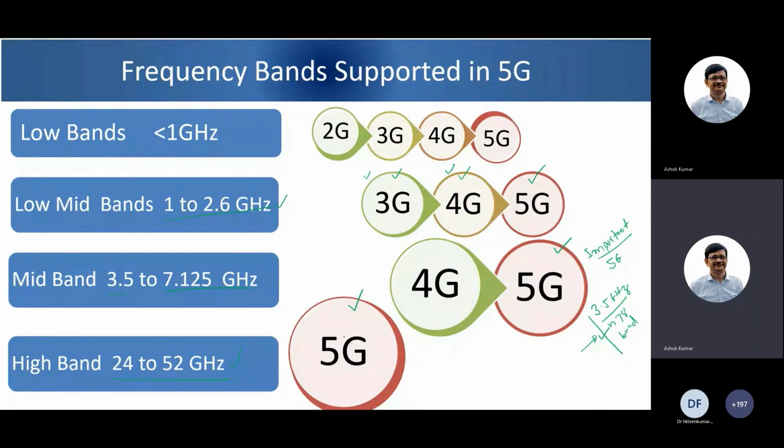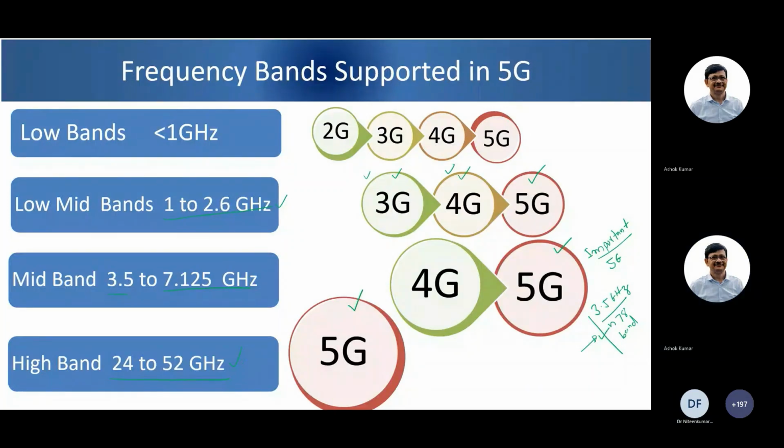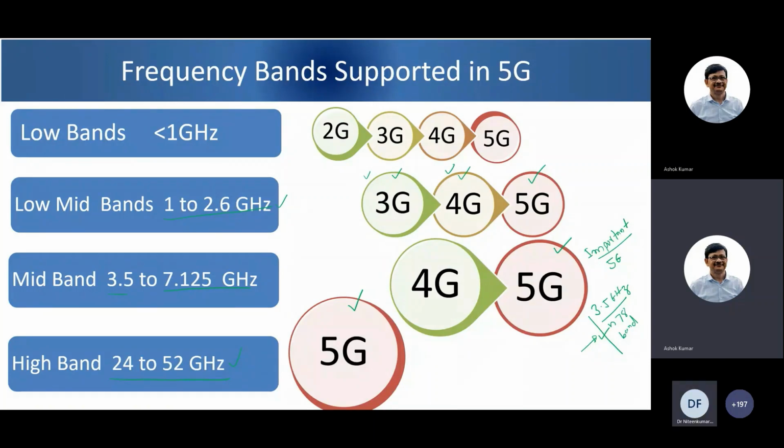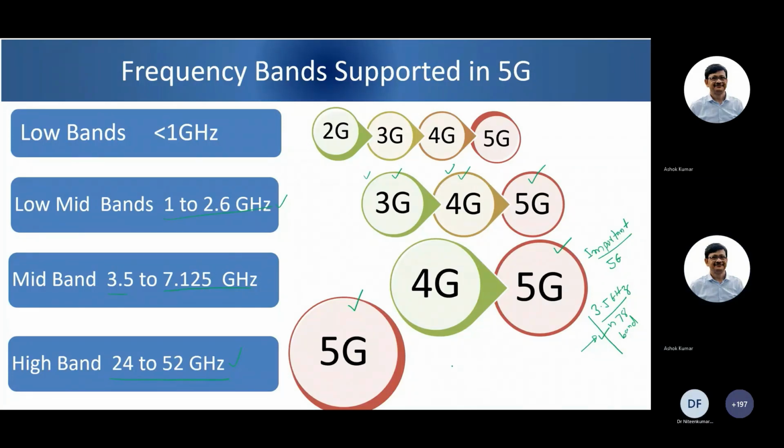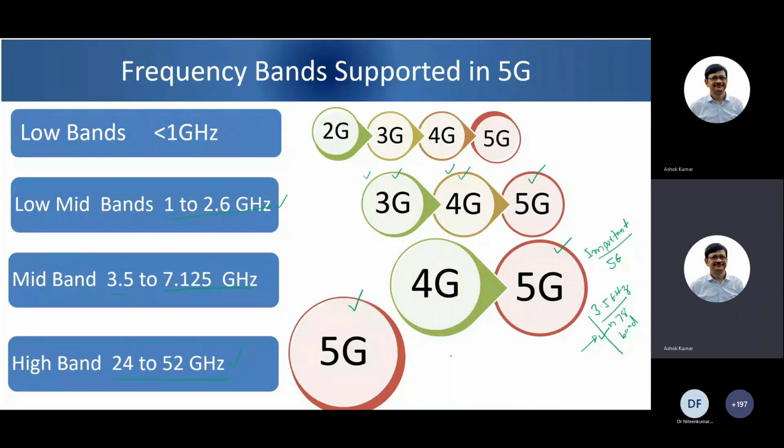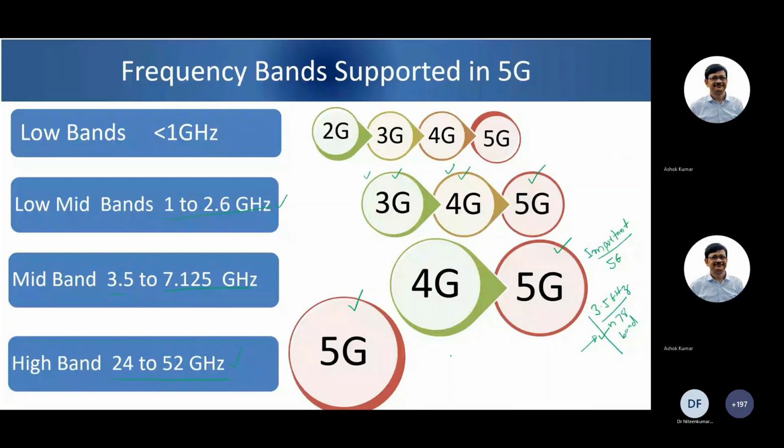Although these frequency bands are not specific to a technology, as of now 5G is the only technology using these bands, and we call it millimeter wave because the wavelength of these frequencies is in millimeters. So these are the concepts. Let's move on.